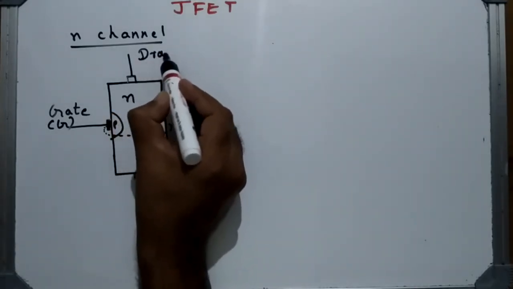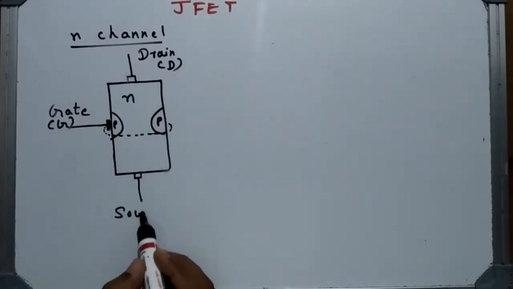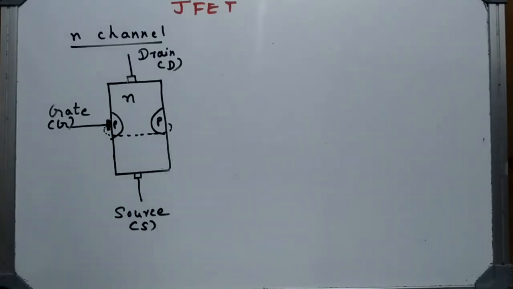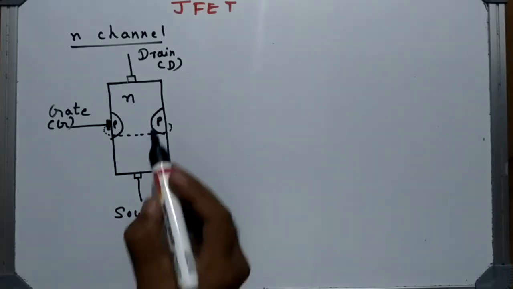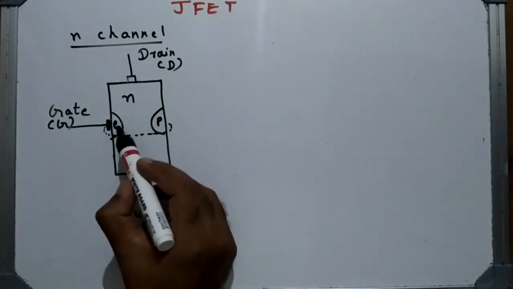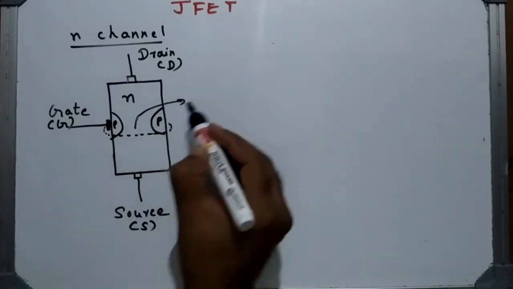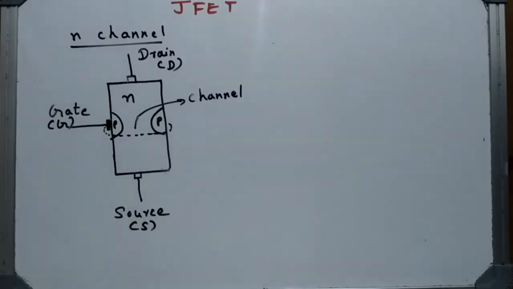This is called drain, D, and this is called source, S. So this is a 3-terminal device. Now the space between the two P regions is called channel. This is the construction of an N channel JFET.